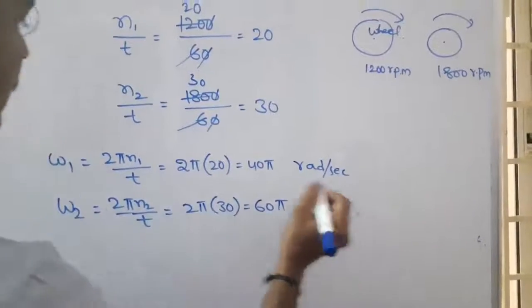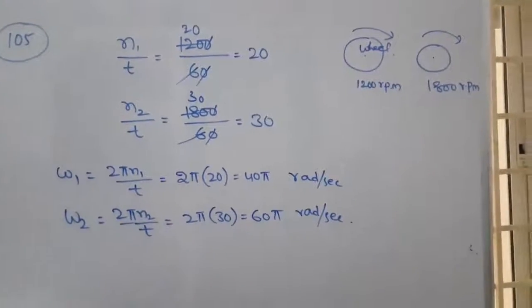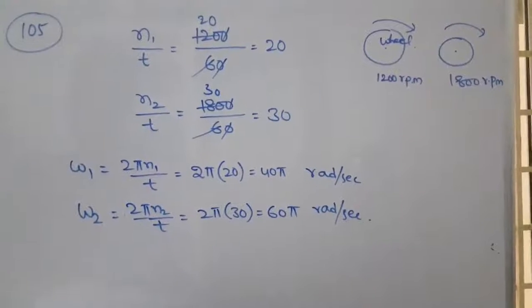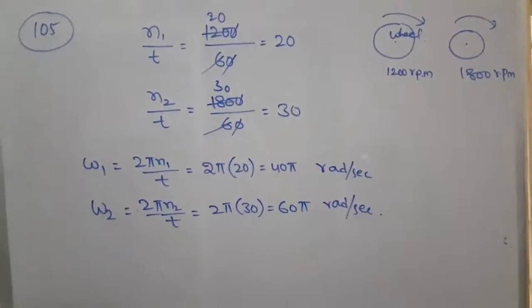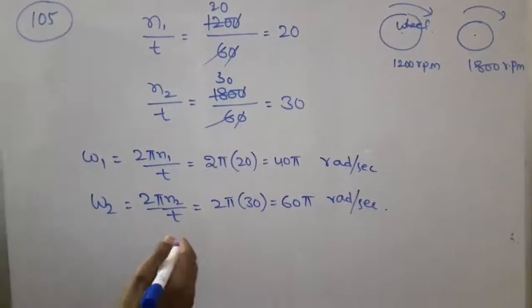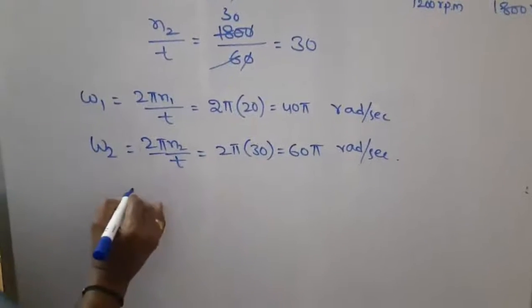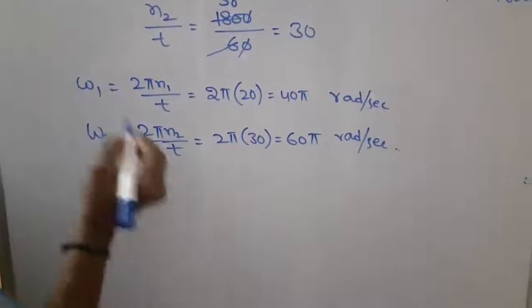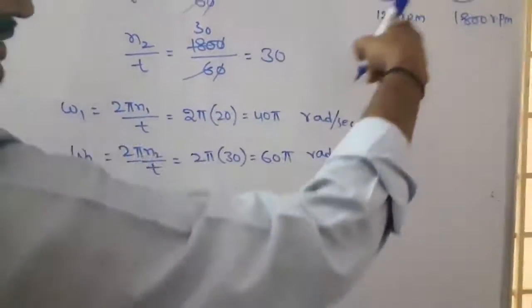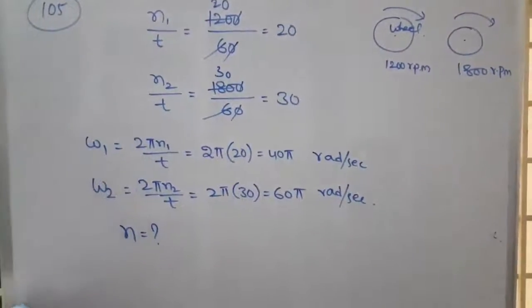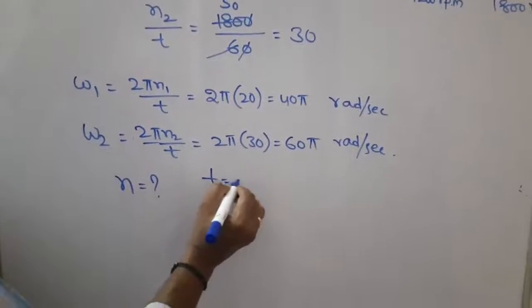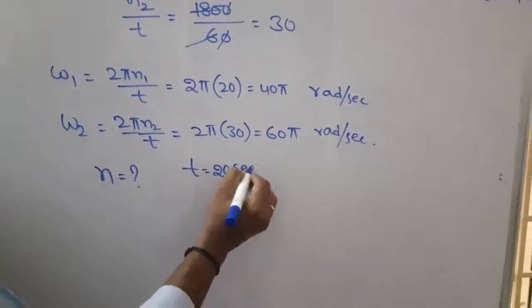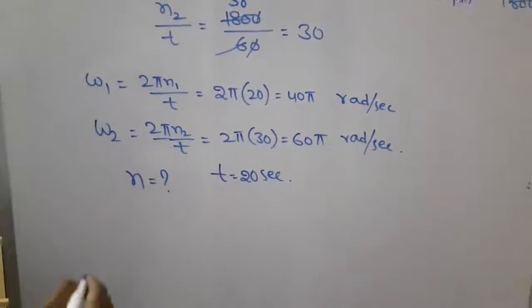Next, the question being asked is how many revolutions does it make in the period? So how many revolutions are made in this period of time. The time value is also mentioned, t is equal to 20 seconds, right?